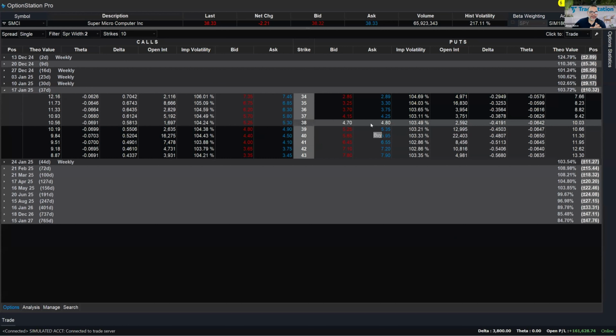Now, these are the prices where implied volatility is calculated. If you look at the theoretical value of these options, it is over here on the left-hand side. The theoretical value of the call is $10.53. And on the put side, the theoretical value is $10.03.